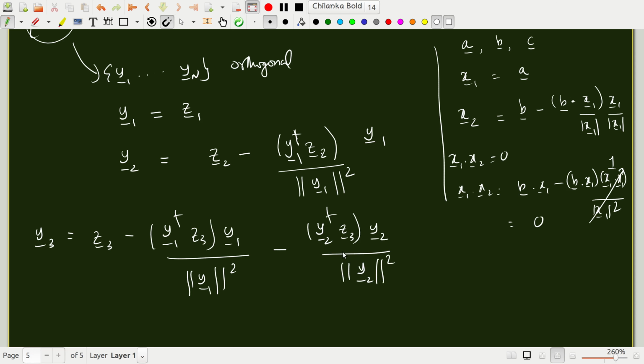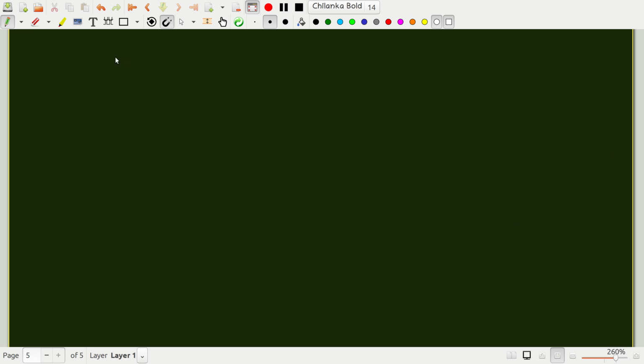This is for the third vector, and similarly you can go on for the nth vector: yn is zn minus the summation over j from 1 to n minus 1 of yj dagger zn, divided by the norm of yj squared, times yj.